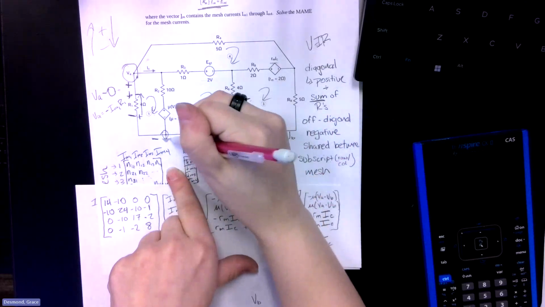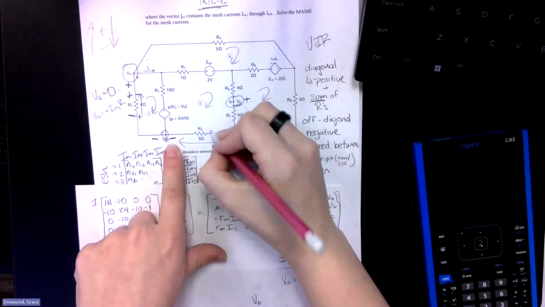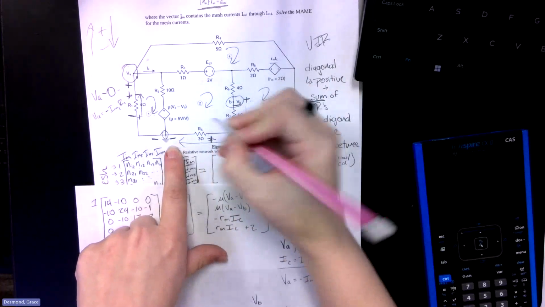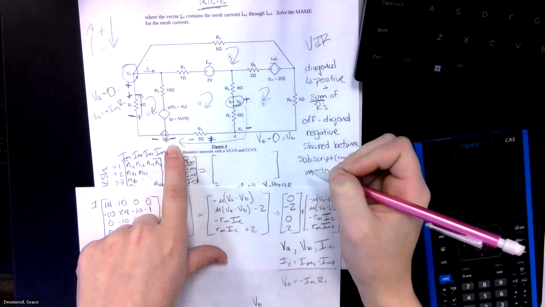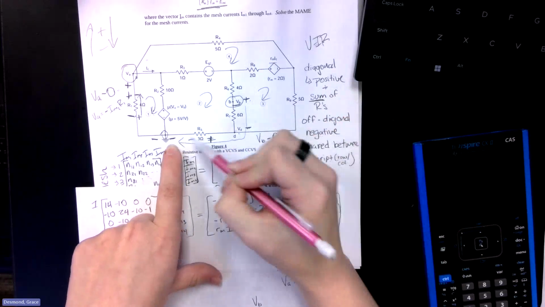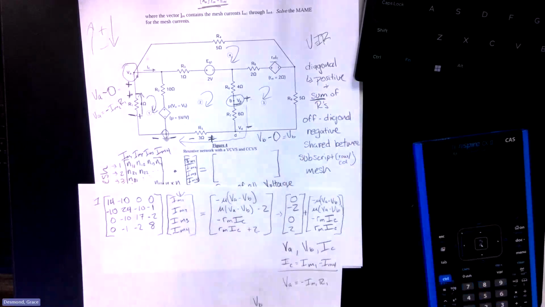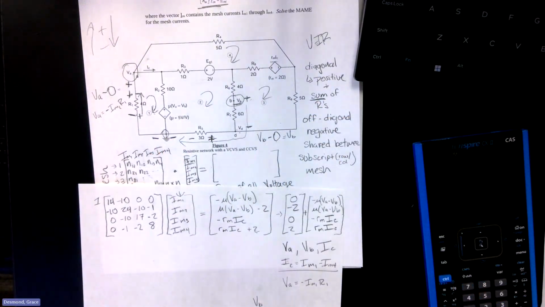We're already given that it should end at negative. So do we agree that the voltage drop should be like that? Okay, so that means that it's going to be a sum of that plus that. So those are both voltage drops. And that is how we are denoting the polarity of what we're looking for.